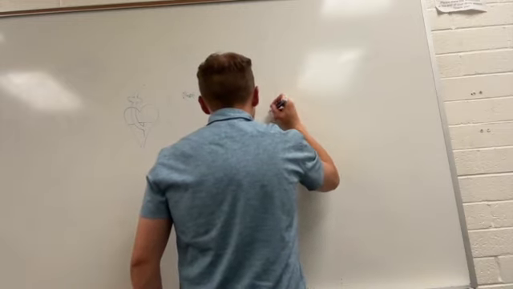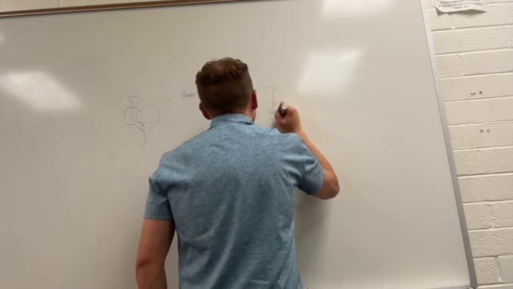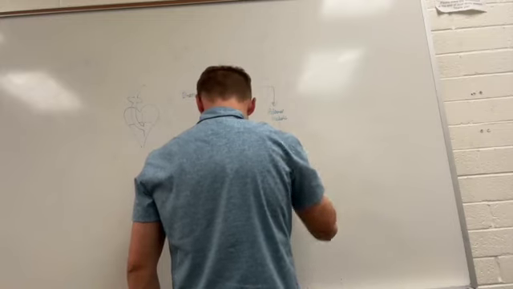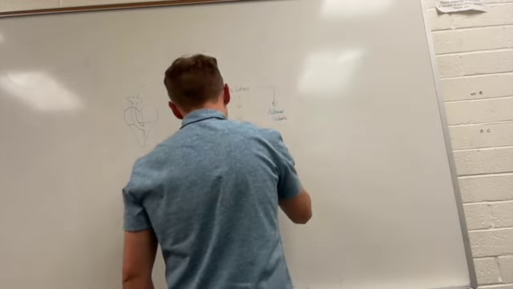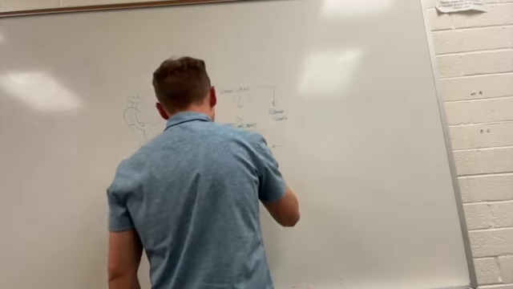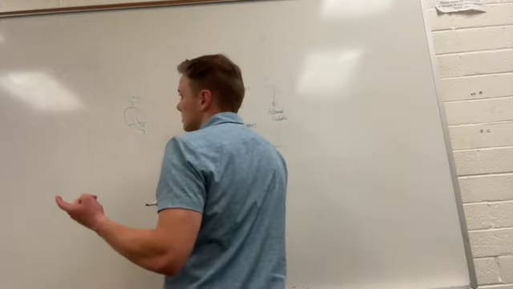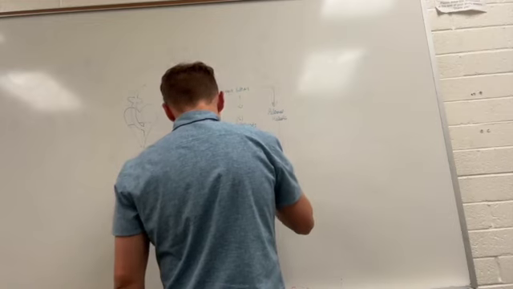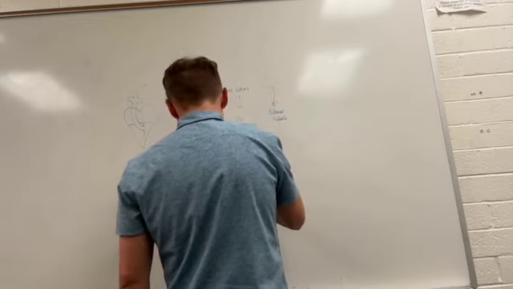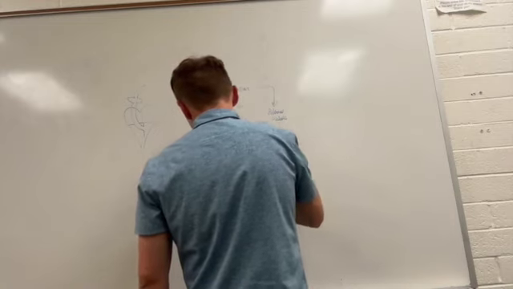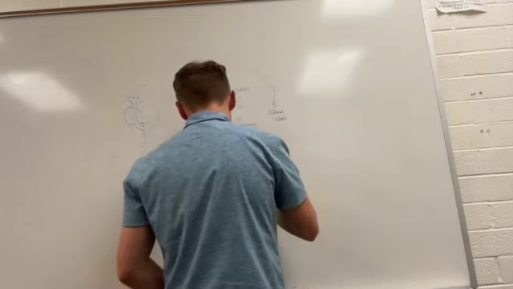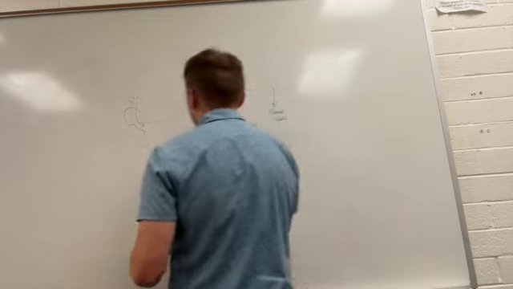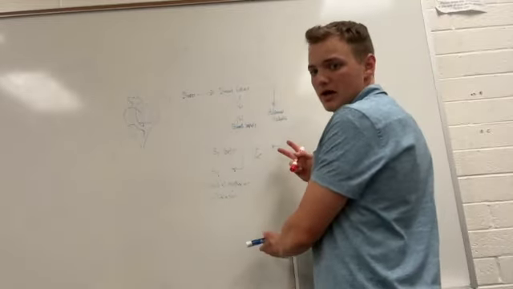The main function it's going to take is to go to the adrenal medulla, and it's going to cause a release of epinephrine and norepinephrine, which is going to then bind to beta-1 receptors on the heart and increase inotropy and increase chronotropy. And it's also going to go to beta-2 receptors on cardiomyocytes, which is going to cause dilation.